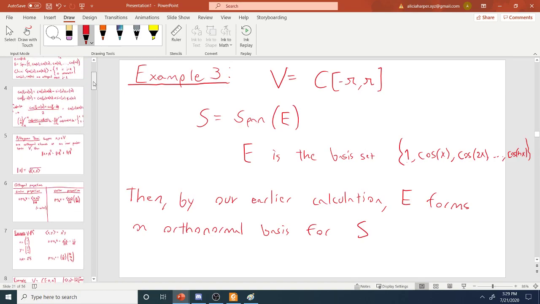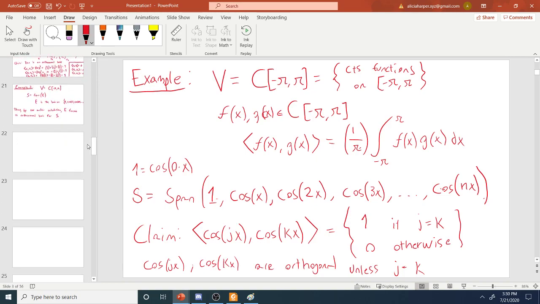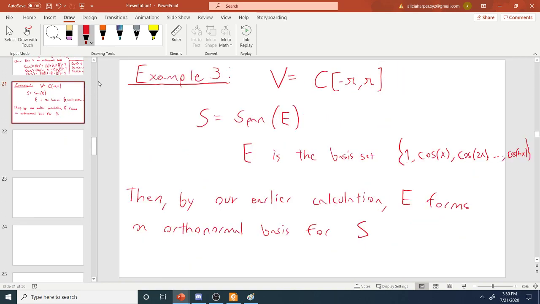All the way back here, we wrote down our space S, we had our inner product, and what we did is we checked that the inner product of any of these 2 basis elements was 1 if j is equal to k and 0 otherwise. And now we know that this is exactly the condition on this list of vectors needed for it to form an orthonormal basis. So this gives us 3 good examples.